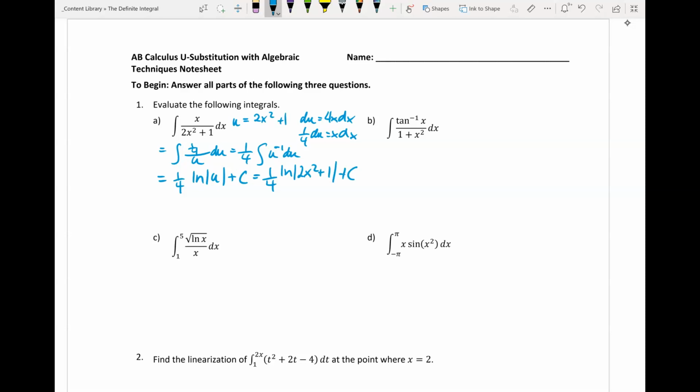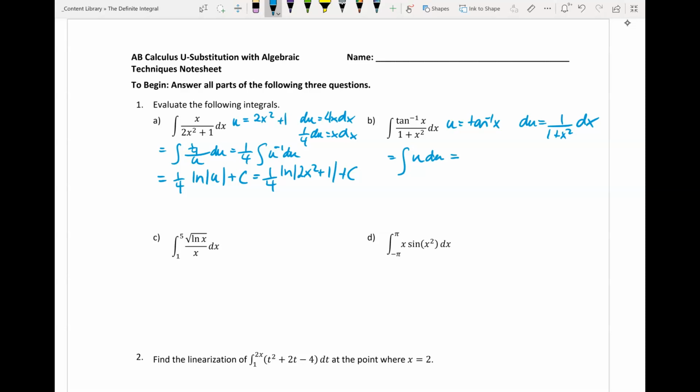Moving on to b, if we take the derivative of tan inverse x, we're going to get back 1 over 1 plus x squared. So I'm going to use tan inverse x for my u, then du is going to be 1 over 1 plus x squared dx. So this will be u, and this whole 1 over 1 plus x squared dx turns into du.